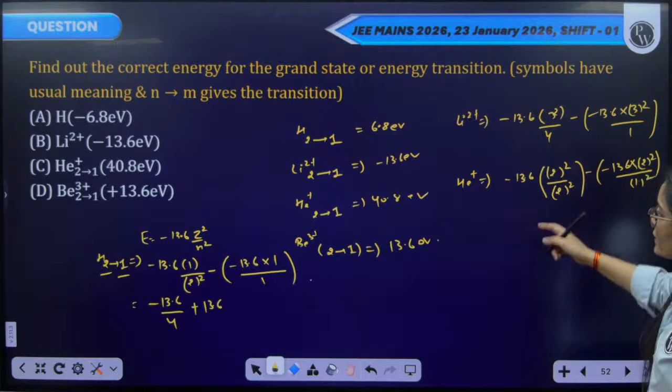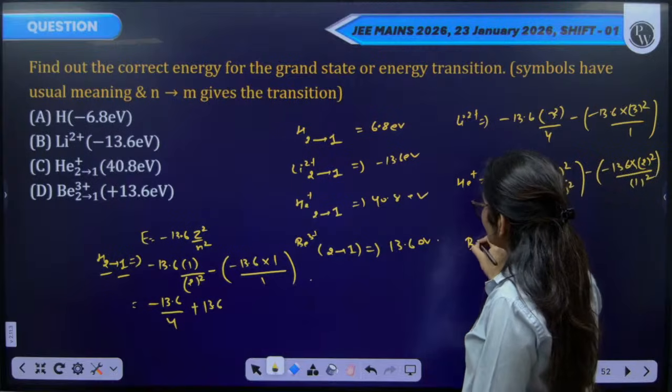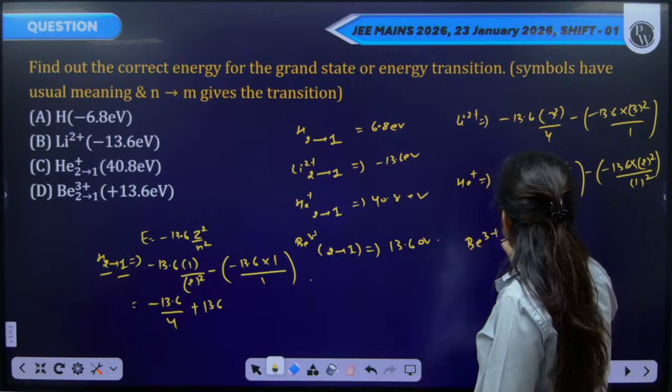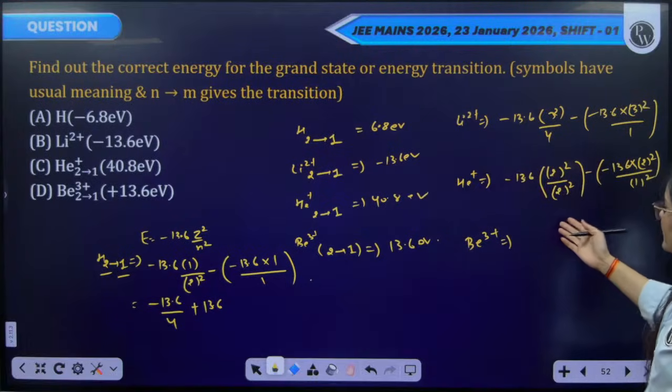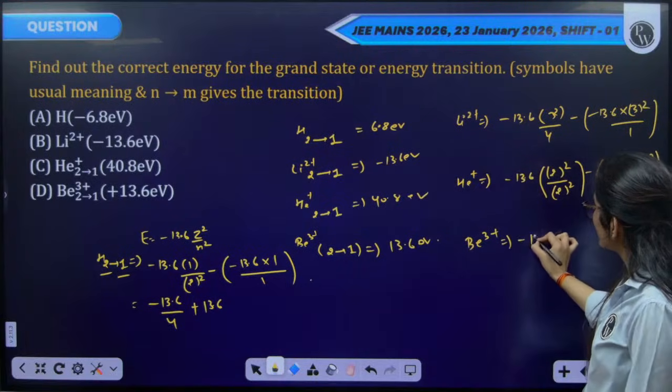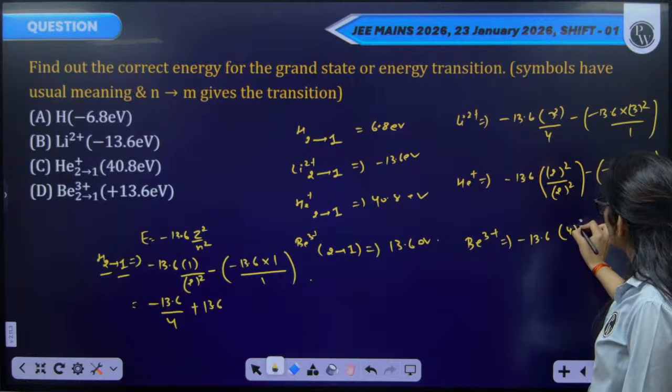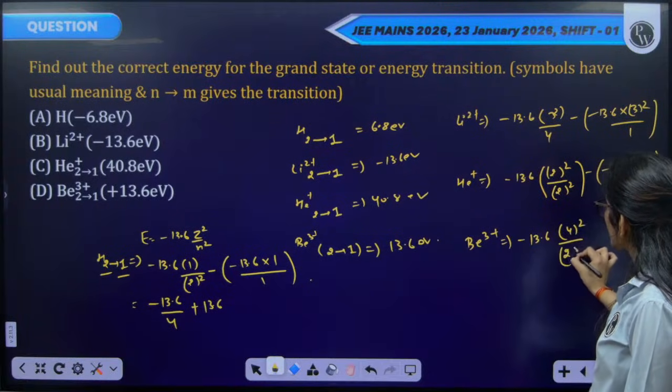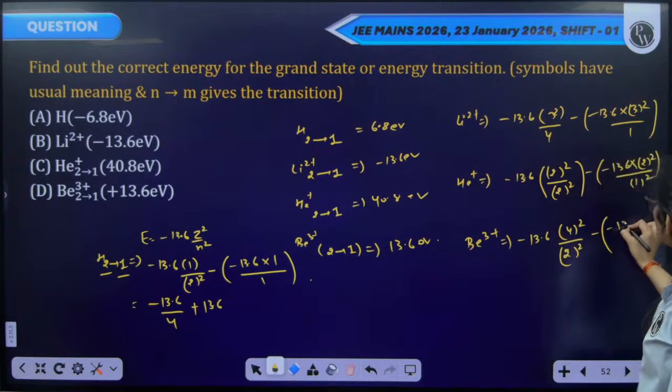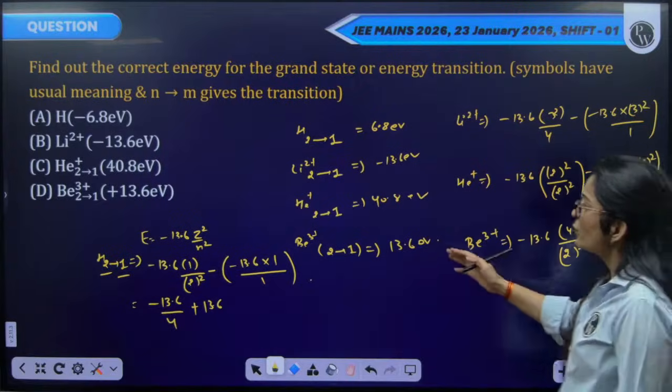Calculate this one, and the last one is beryllium 3 positive. For this, again the Z value will be equal to 4: minus 13.6, then 4 square divided by 2 square. Minus again minus 13.6, and here it will be 4 square divided by 1 square. Calculate all these values.